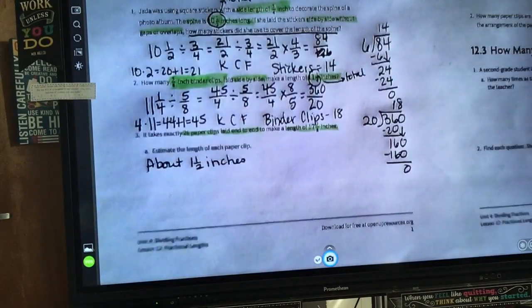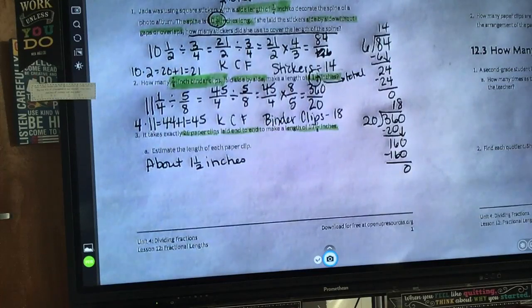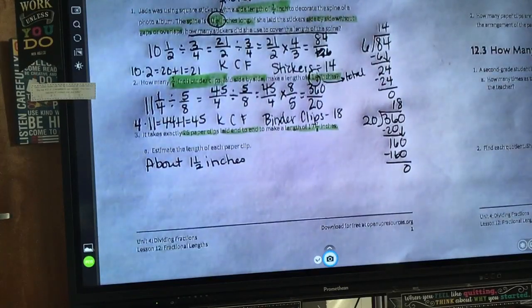Let me give you a visual. So you're telling me that this one paper clip is 8 inches. Okay, I'm okay because it's just a guess, but it's also going to be a little bit reasonable. Sometimes you just gotta think.